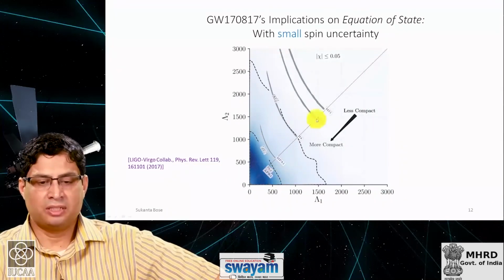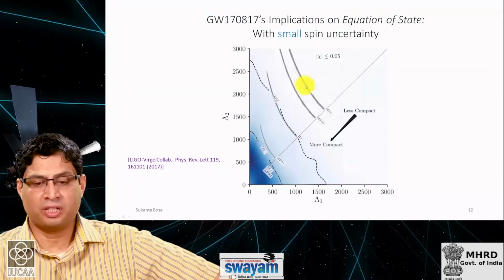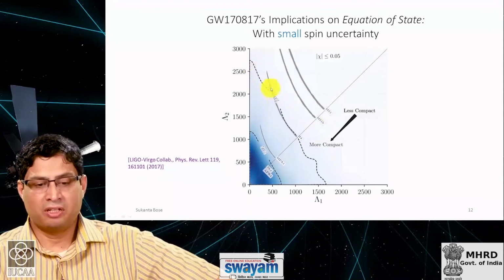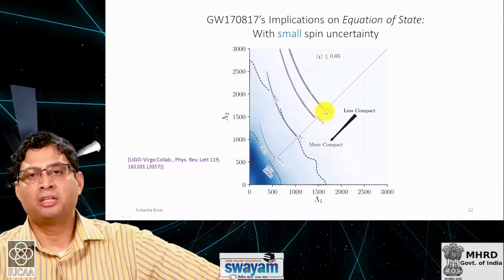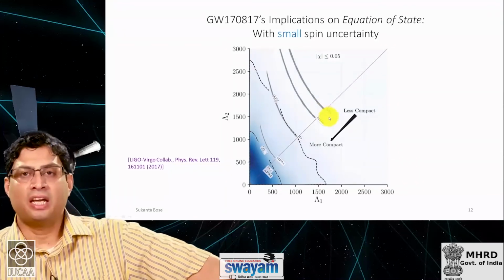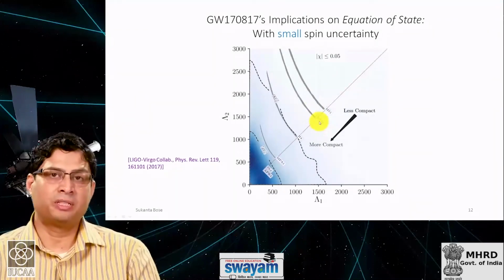And these other tracks are for different equations of state, like MS1 for the Mueller-Serre equation of state I talked about earlier. And our 90% confidence region actually makes it highly unlikely that neutron star equation of state is like MS1 or MS2. But this is again a case of scientific method in application.